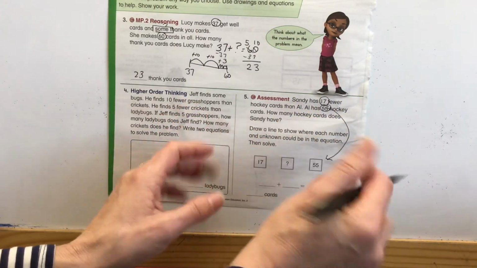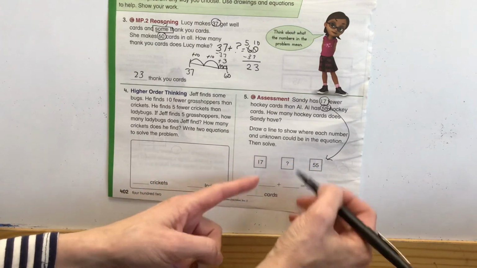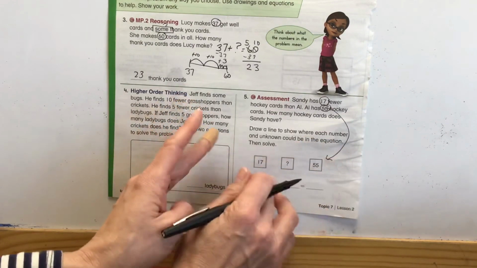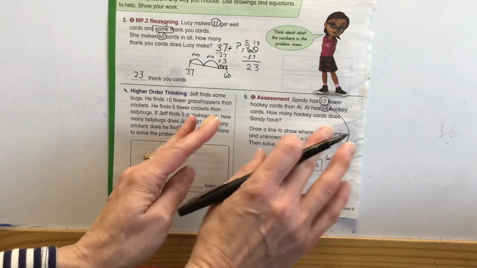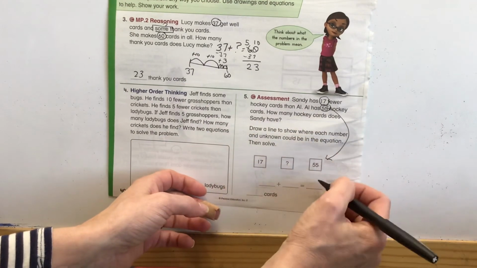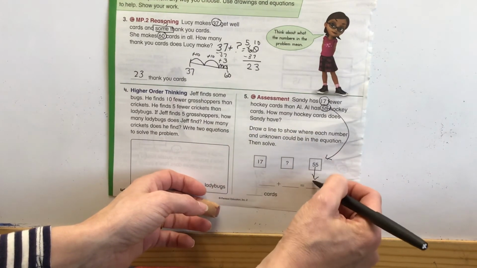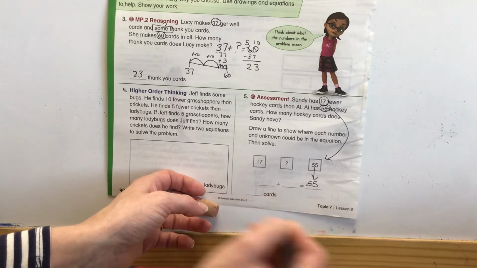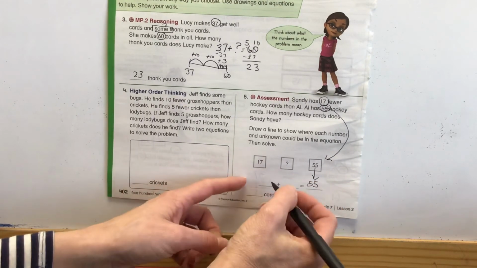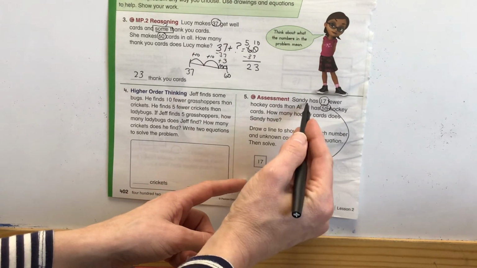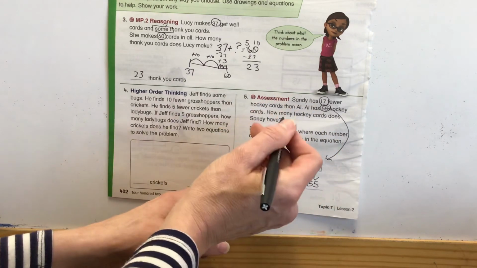So we're trying to figure out how many Sandy has. And then we're going to draw arrows to figure out what equations or what numbers go where to make the equation true. So we know our total number is going to be 55. So we can just drop that straight down, 55. And we need to figure out, Sandy has 17 fewer hockey cards than Al.